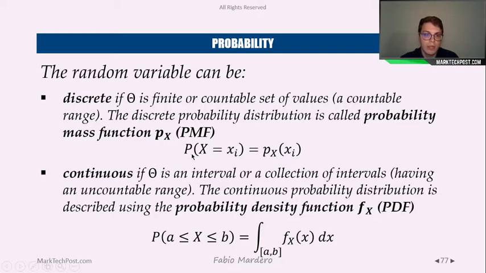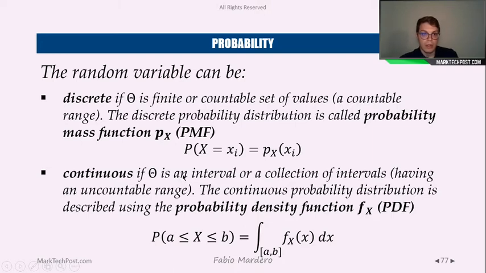Remember that we are computing the probability on omega, on the elements of the sigma algebra in the sample space that the random variable maps to x_i.